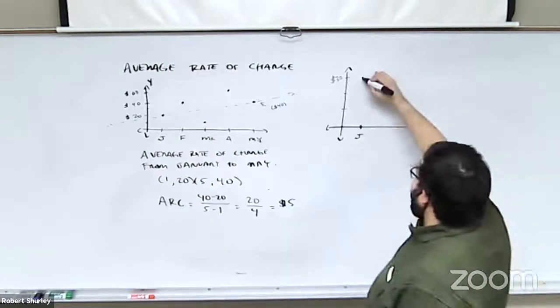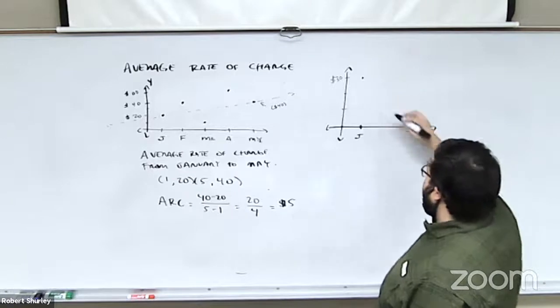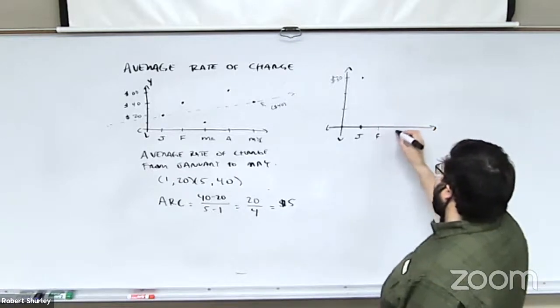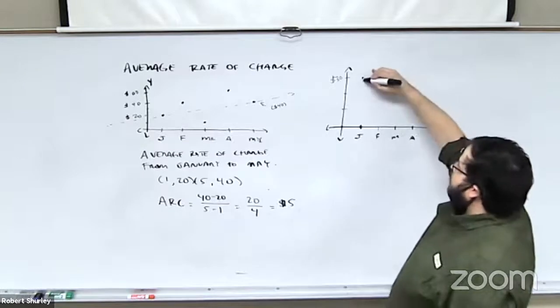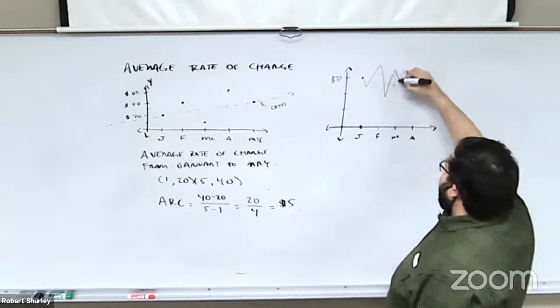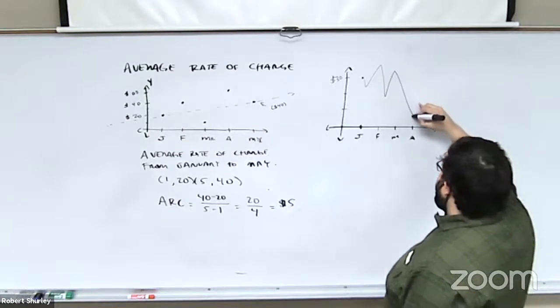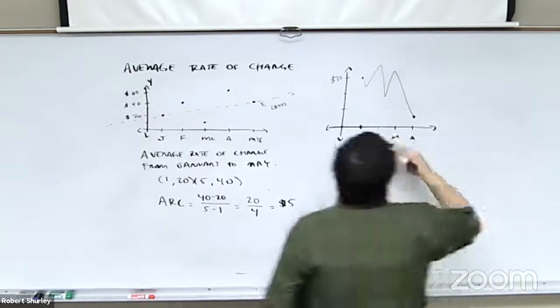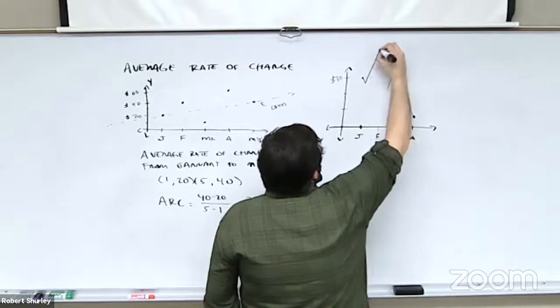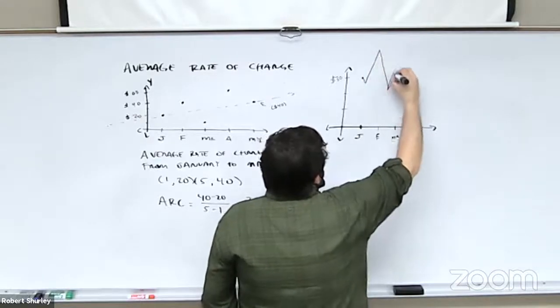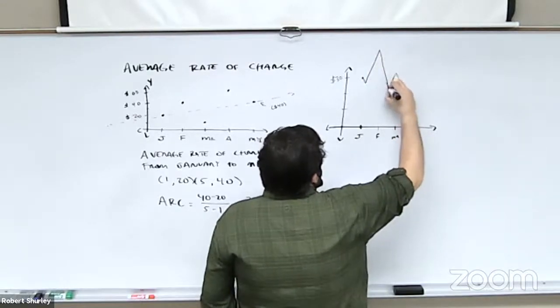So let's do January, February, March, and April. It's going all over the place, up, down, left, right, doesn't matter. And then in the end, it plummets at the end. You can make your graph however you want it. It doesn't matter. But let's say it does something like this.